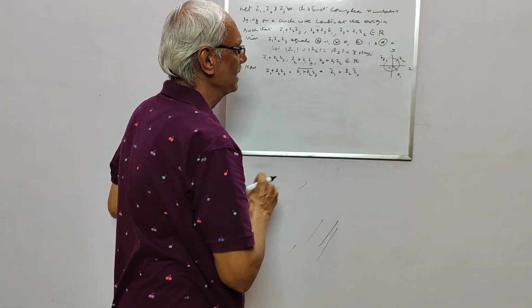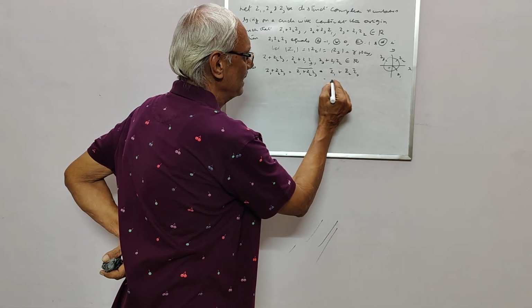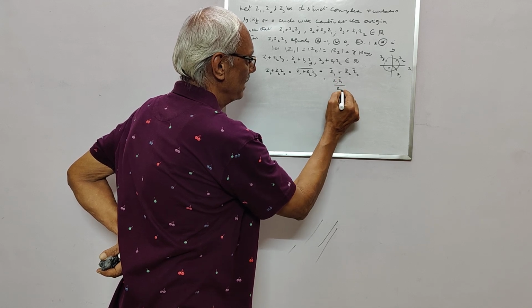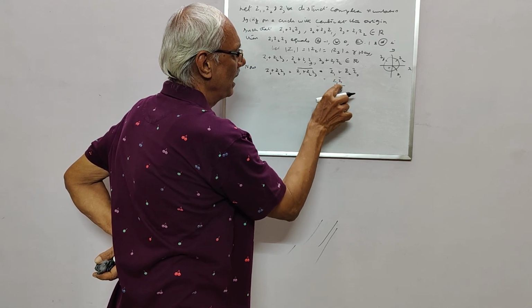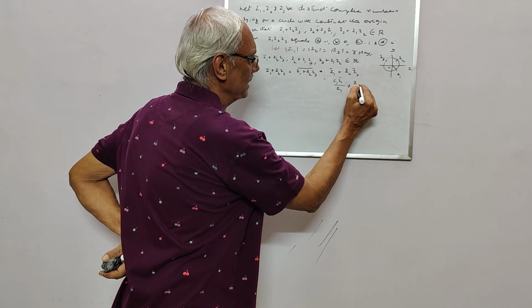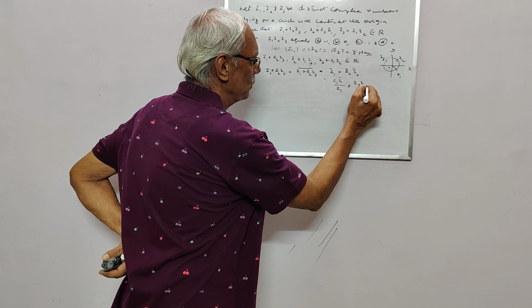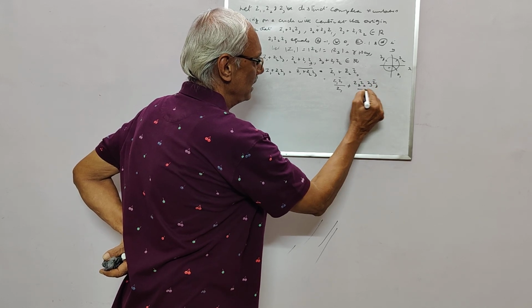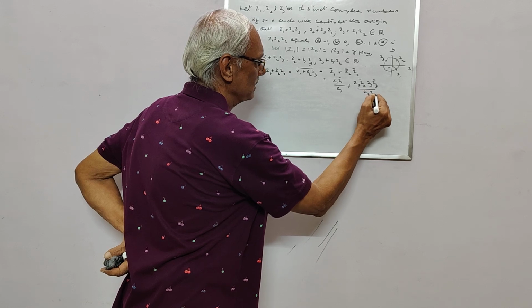So I will write this as z1 conjugate divided by z1, multiplying and dividing by z1. Likewise, I do this for z2 conjugate and z3 conjugate divided by z2 z3.